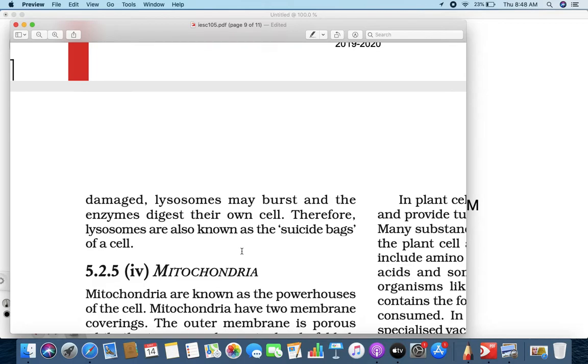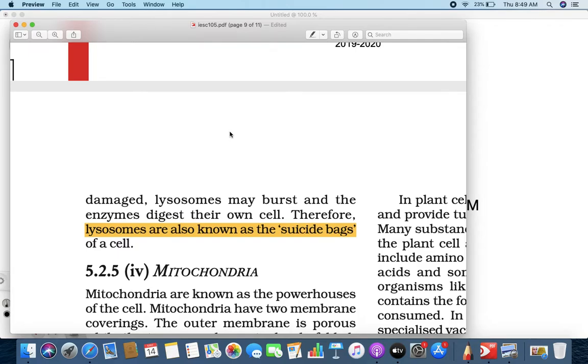While doing this, the lysosome feels that the cell is getting damaged. So what does it do? The lysosome bursts itself, meaning it commits suicide. The lysosome bursts itself, and the enzymes digest its own cell, so it can digest its own cell also. Wow, right? So to protect the cell, it bursts itself. That's why lysosomes are also known as suicide bags. This can be asked as a fill in the blank, right?